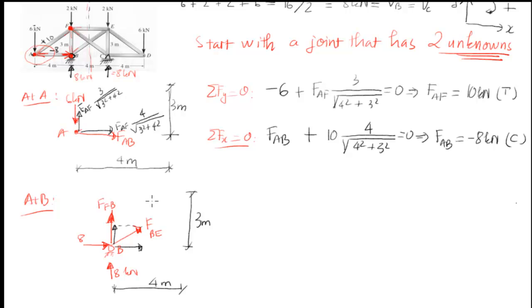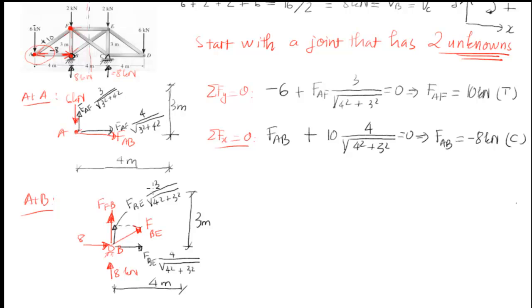Now again we solve for these two. This one is FBE over the square root of 4 squared plus 3 squared, times 4 on top. And this one is FBE over the square root of 4 squared plus 3 squared, times 3 on top.